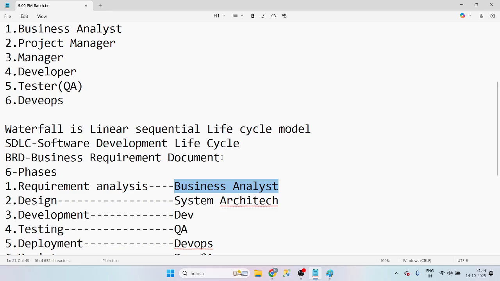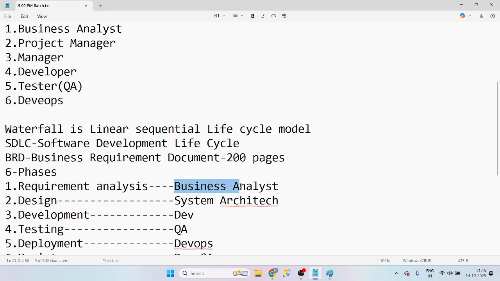It's like 200 pages. Just consider it's a PDF, a 200-page document.